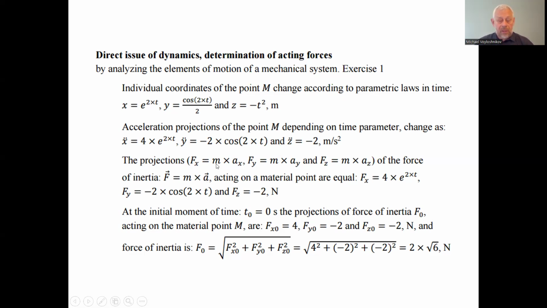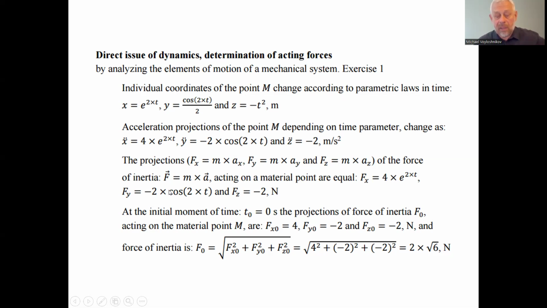Next, we can find the projections of the forces of inertia according to the second law of Newtonian mechanics. The force of inertia equals mass multiplied by acceleration. The projections of the forces are the products of mass by the corresponding projection of the acceleration.